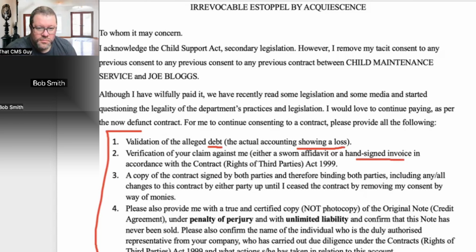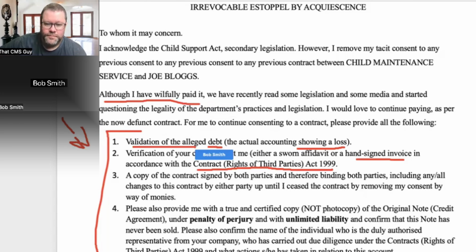That's literally how contract law works. So we're asking for a valid contract. We're not disagreeing to pay, but these are the conditions under which we will pay. So validate a debt, because it's not a debt, and then verify in accordance with the contract of third party 1999, show us it.